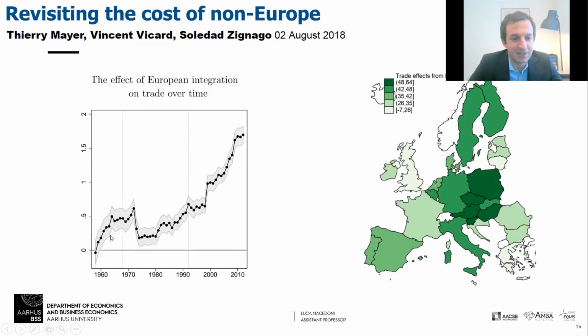And you see that basically the effect of the European Union has been steadily increasing over time. And when we look at the distribution of the trade effects across countries, what we're seeing is that pretty much all countries benefited from larger trade flows, especially the countries in the Eastern European area, okay? But also the UK benefited from trade.